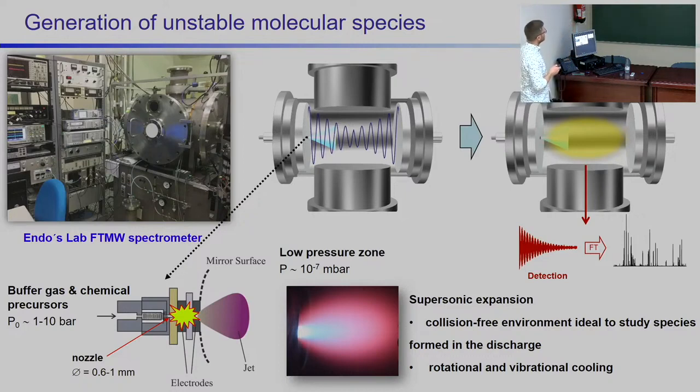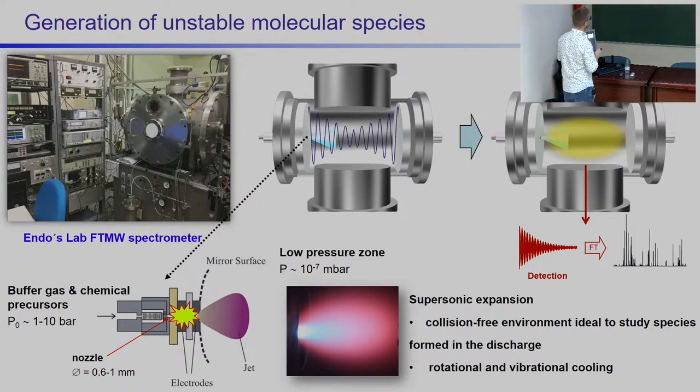It consists of a vacuum chamber with 2 spherical mirrors, and on the back side of one of the mirrors we have an electric discharge nozzle that can be used to generate unstable species in the gas phase. Prior to running any experiment, we need to prepare a gas mixture of a buffer gas that usually is argon or neon. And then we have to choose the chemical precursors to synthesize in the gas phase the new molecules that we are interested in.